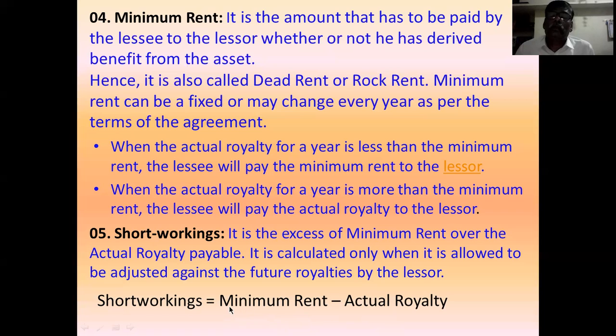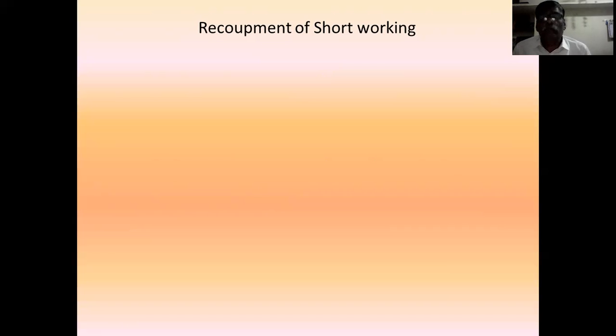Then how to recover this short working? The next point is recoupment of short working. What is recoupment of short working? Recoupment of short working means whatever short working of the current year may be recovered by the lessee from the excess of royalty over the minimum rent in the next years, as per the agreement between the lessor and lessee.